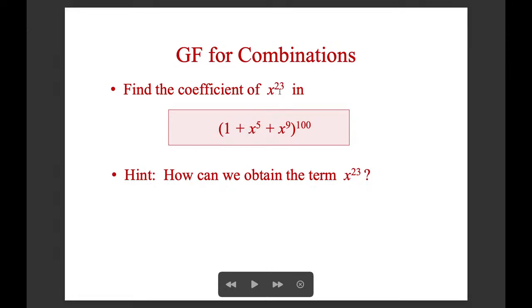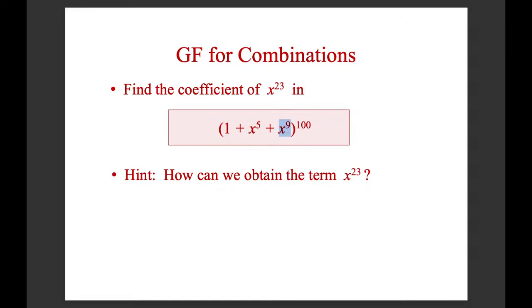In the end the power of x is 23, so it only comes from x to the power 5 and x to the power 9. And from 5 and 9, the only way to get 23 is you have 2 9s and 1 5, right? So in that case, actually we are asking the equivalent question.